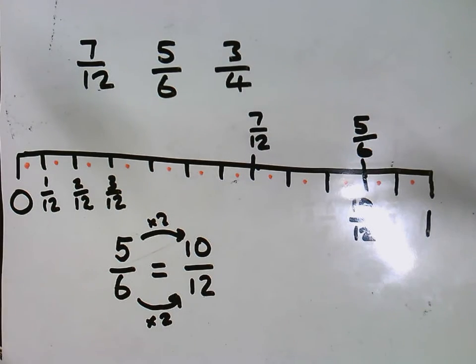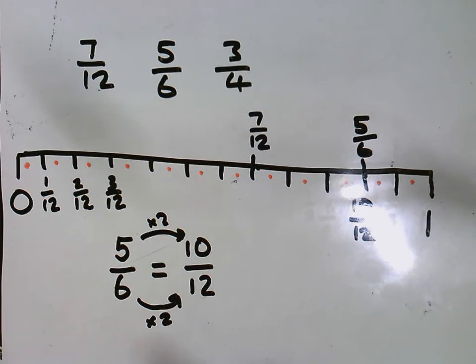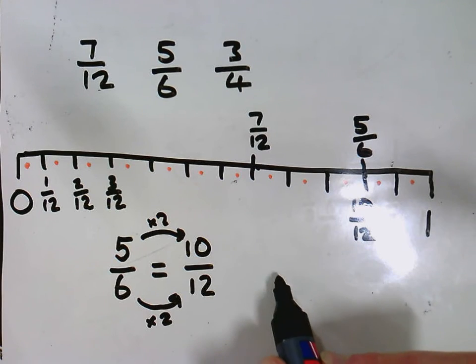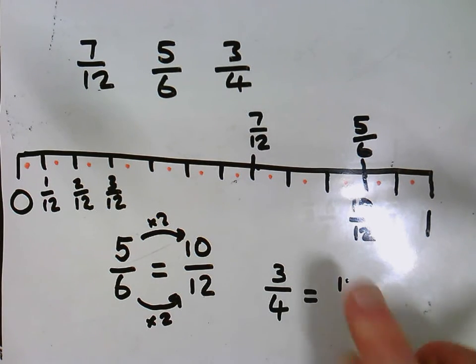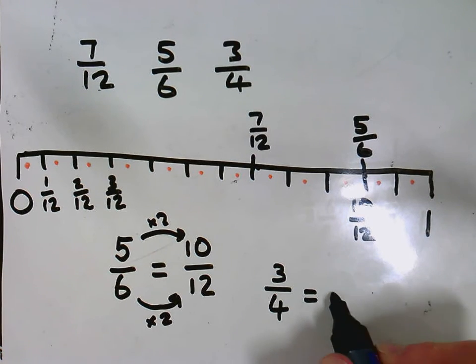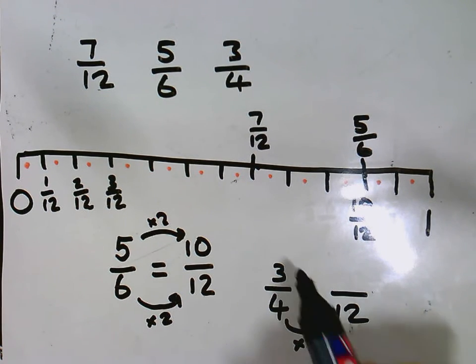I also, children, can convert my 3 quarters into twelfths to place 3 quarters on the number line. So let's look at doing that just here. 3 quarters equals how many twelfths? Well, we multiply 4 by 3 to get 12.